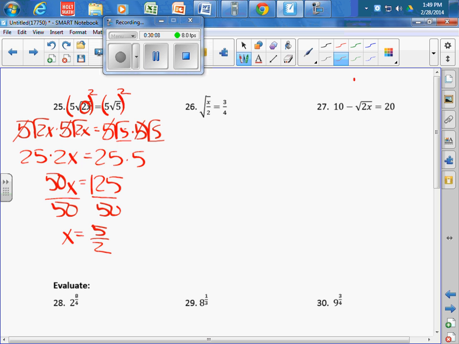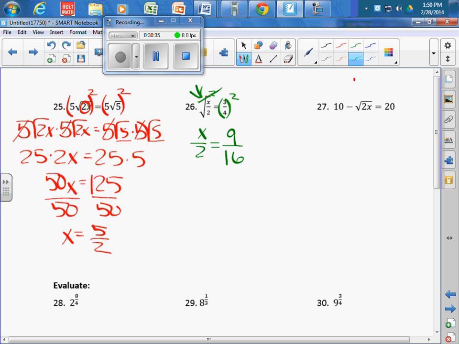Number 26. When you have the radical isolated, there's nothing outside the radical, square both sides. And when I say square both sides, I mean square both sides. Because the 2 and the squaring and the radical cancel each other out. You're left with x over 2 is equal to, now 3, 4. You don't just square the 3. You have to square the 3 and the 4.